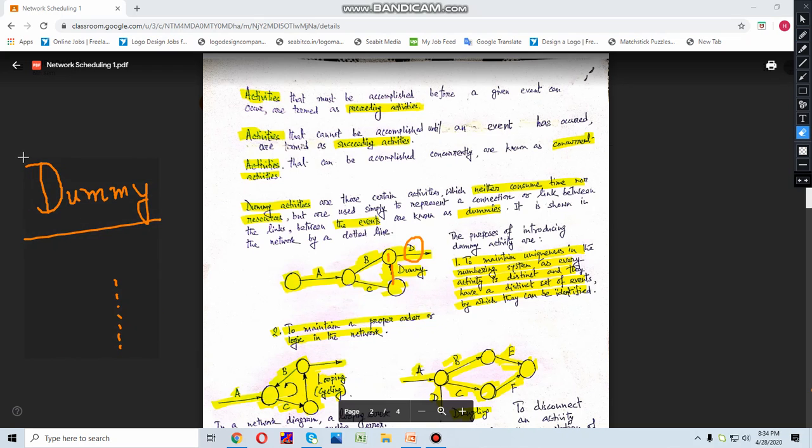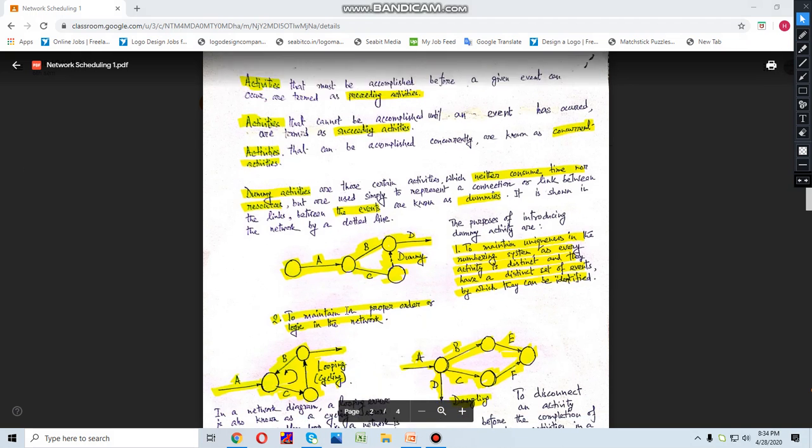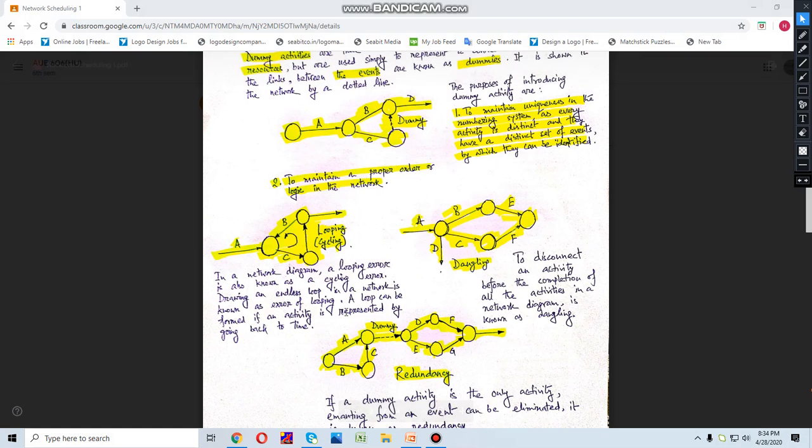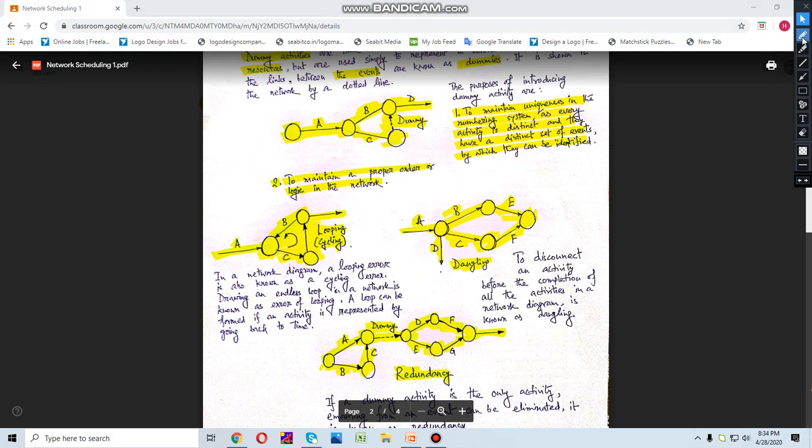It is only given to connect the networks. Okay, now there are some common errors which you will find while creating the networks. Let us discuss them. The most common of them is looping error, where let us see this image.